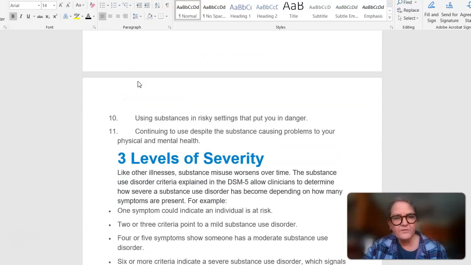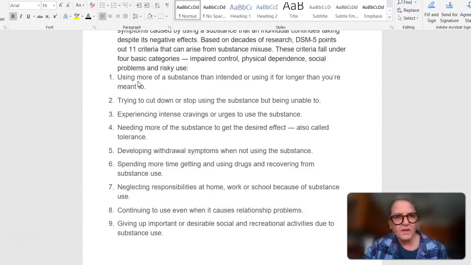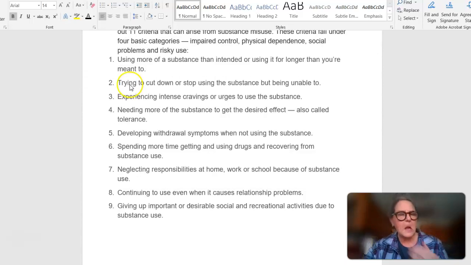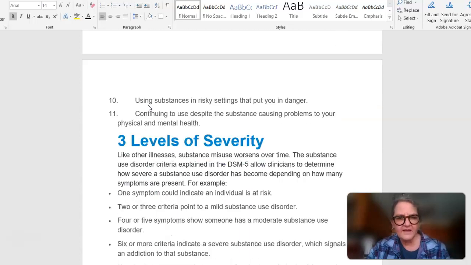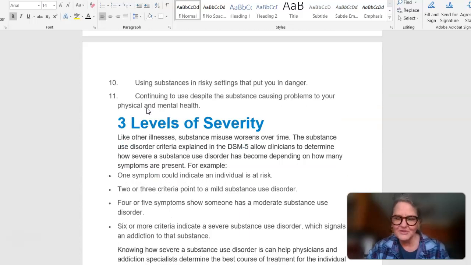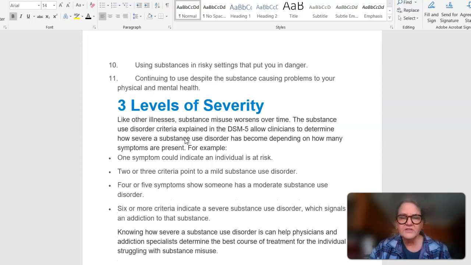Once we determine which of these criteria our client meets, then we have levels of severity. Substance use worsens over time. It is called a progressive disease, meaning that if it doesn't get treated, it gets worse. How severe the substance use is depends on the number of symptoms present.